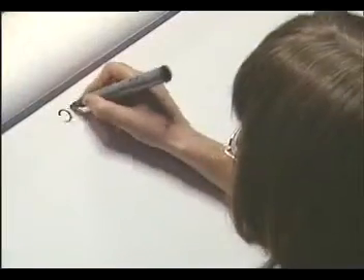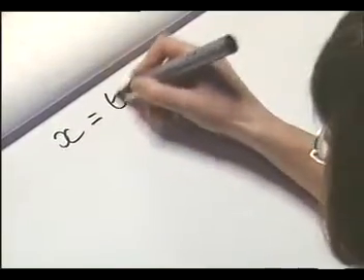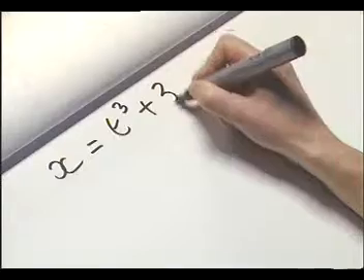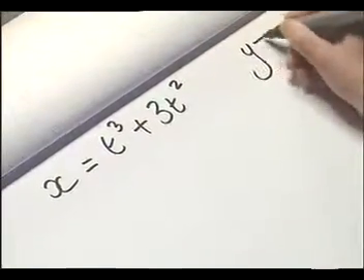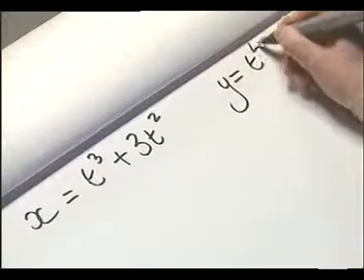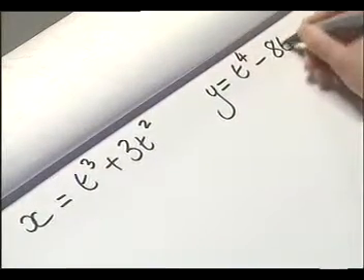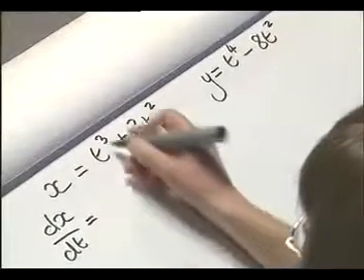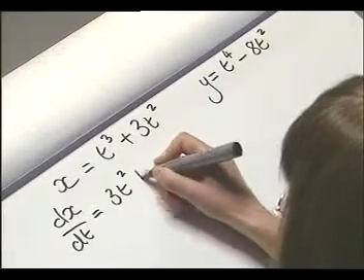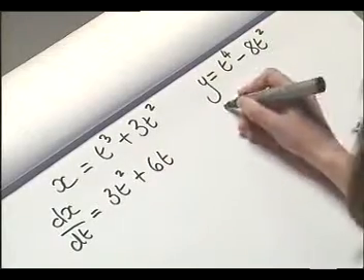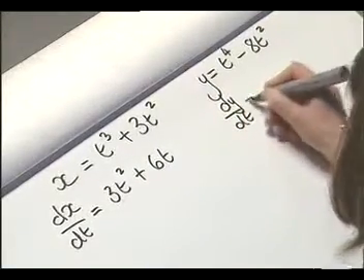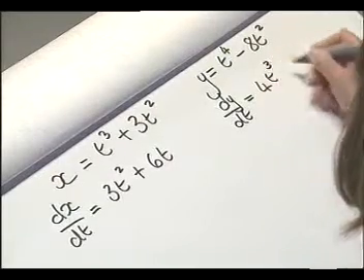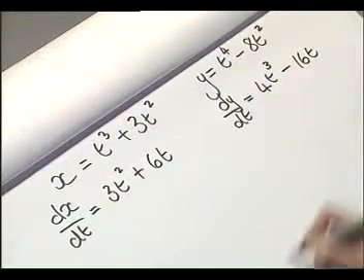Let's do one more example. This time our parametric equation is x equals t cubed plus 3t squared, and y equals t to the power 4 minus 8t squared. So we're going to differentiate x with respect to t, which gives us 3t squared plus 6t, and dy by dt is equal to 4t cubed minus 16t.